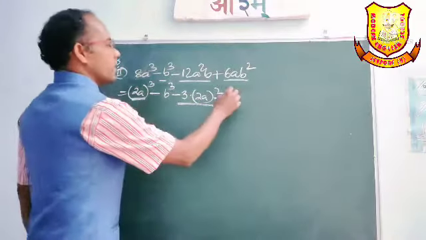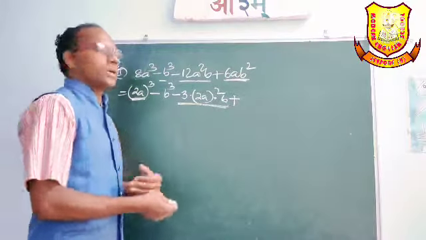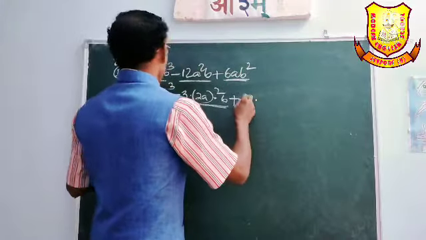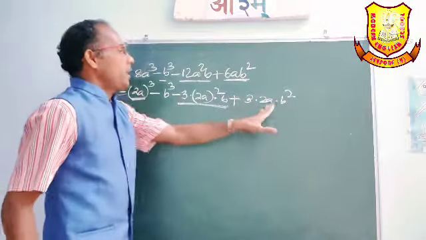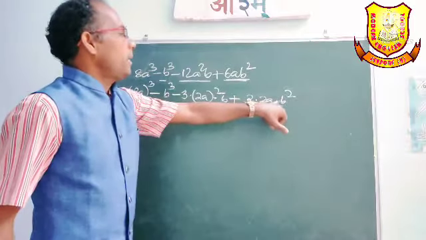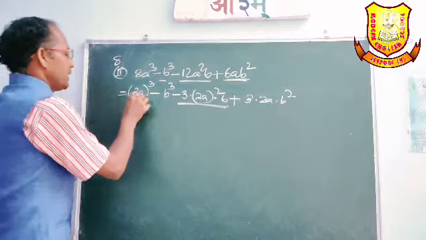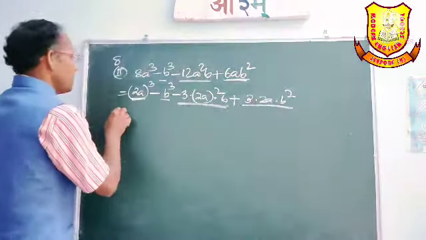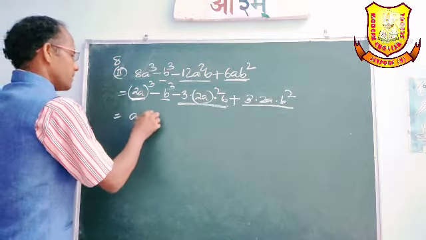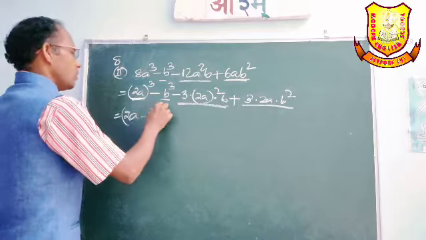Clear? Now plus 6ab square equals 3ab square: 3 times 2a times b square is 6ab square. So a cube minus b cube minus 3a square b plus 3ab square equals a minus b whole cube, here 2a minus b whole cube.